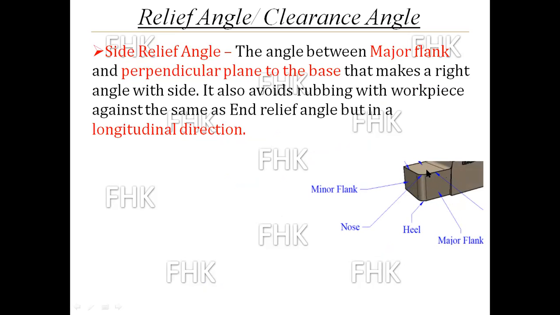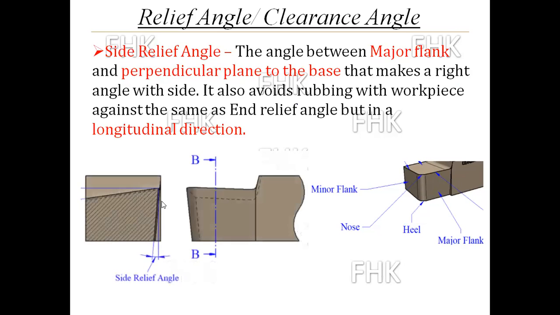That angle, the side relief angle, you can see in the side view. If I draw a vertical perpendicular plane to the base, the angle made by the major flank and the perpendicular plane to the base, which makes a right angle with the side, is called the side relief angle. You can see it in that image, in the side view.